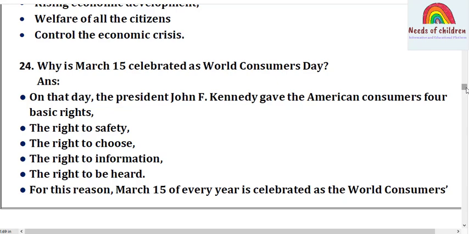In total there will be 8 2-mark questions. The first question is from political science, public administration and introduction, and question number 17 has a choice, also from political science, the lesson India's foreign policy and global challenges.